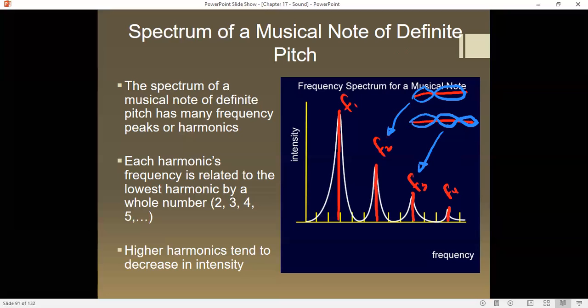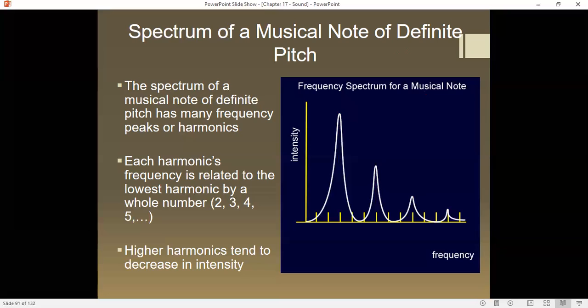So string instruments have this natural progression: n equals 1, n equals 2, n equals 3. And depending on what musical instrument it is, some of these harmonics can be boosted, while some of these harmonics can be less, giving each sound for a musical instrument, what we call the timbre, a different identity for different musical instruments.